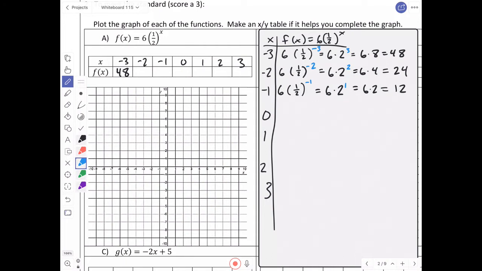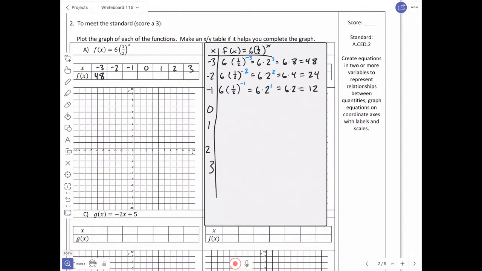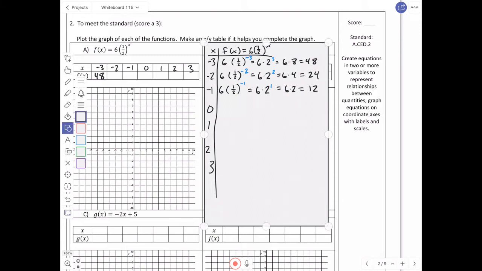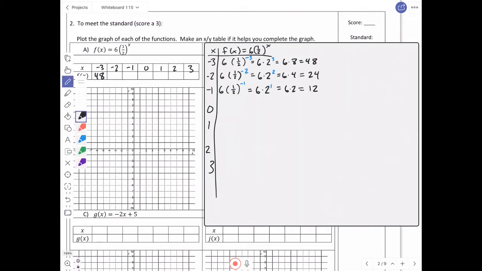Great question. How did the -3 change to a +3? So again, expanding out, let's go more in depth. What happened here was I had 6 times 2 over 1 to the +3. So I applied the law of negative exponents: a negative exponent is a positive exponent of the reciprocal.